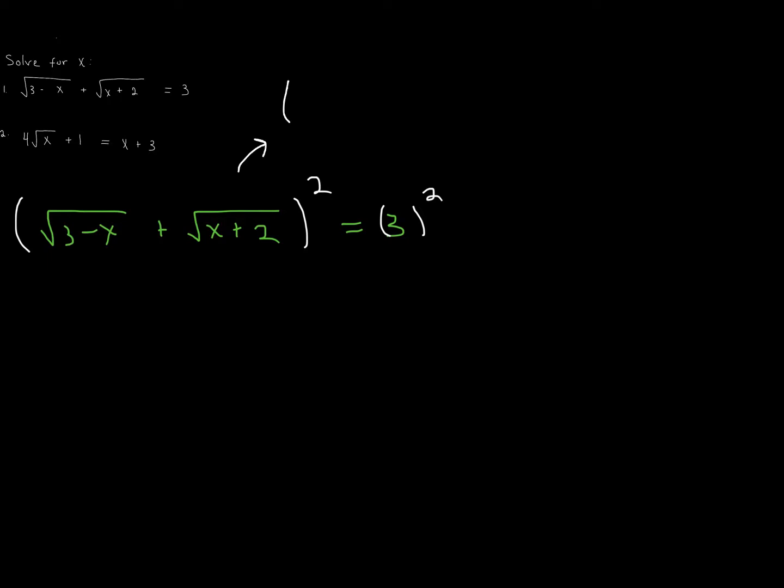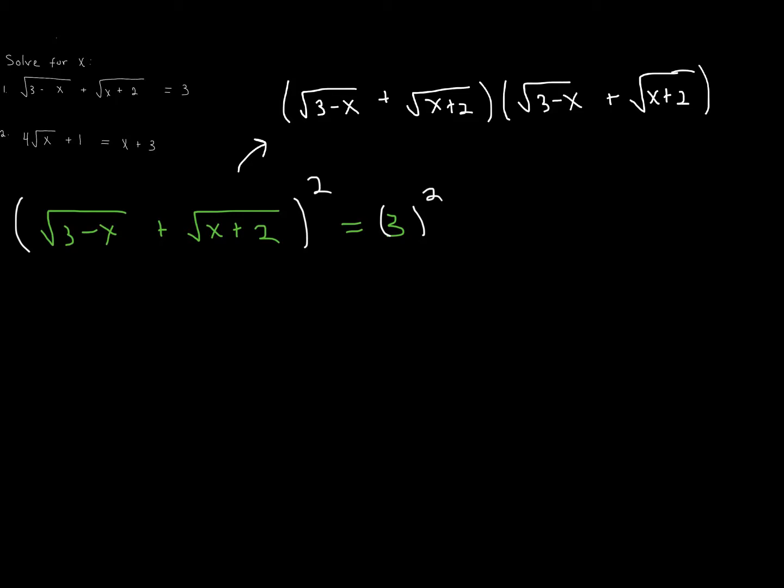So what I've got here is square root of 3 minus x plus square root of x plus 2 multiplied by itself. And you've just got to take these as if they were any other number that you were foiling, any other two binomials.